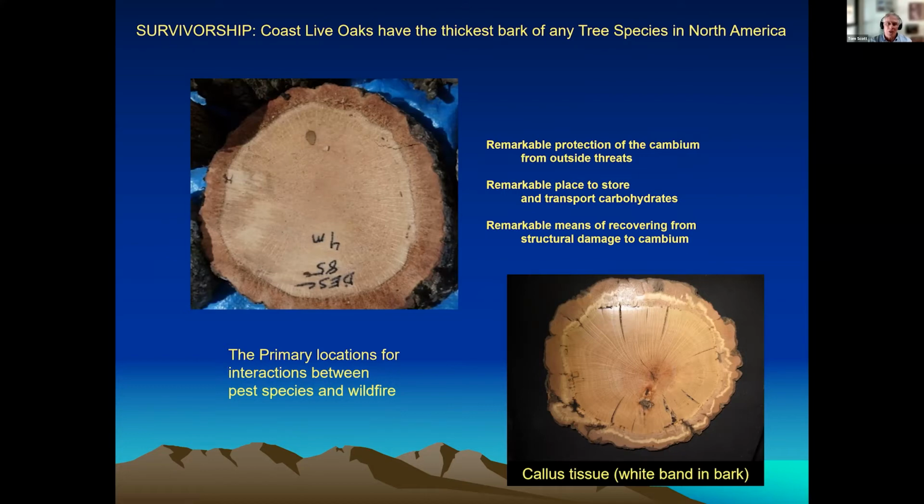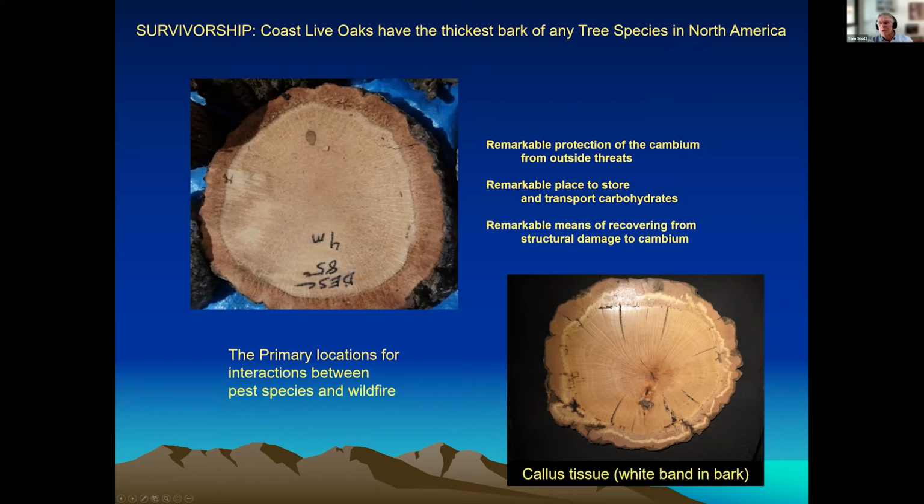And in fires, you can get this great insulation that allows the cambium, which is the surface right here, which is basically where all the cells are growing, and also has the buds to have recovery after a fire, aren't damaged because there's enough insulating tissue to keep these tissues from being burned. It's a great place to store carbohydrates. You know, most trees don't have this much storage in their bark. And finally, it's also a really good way to recover from damage.